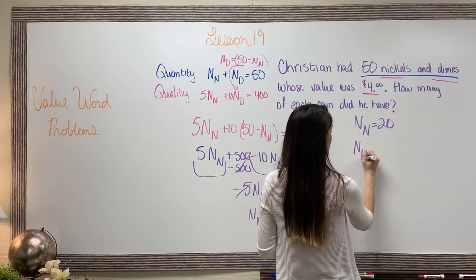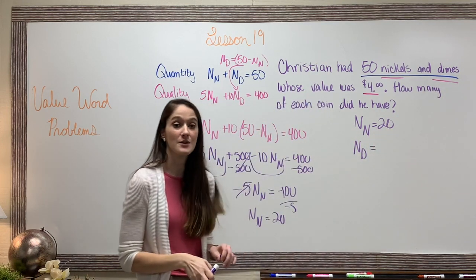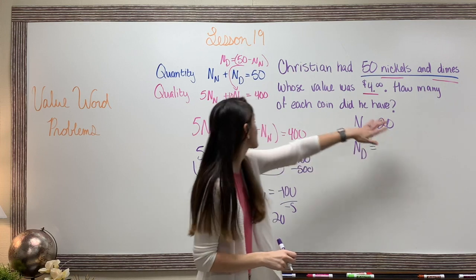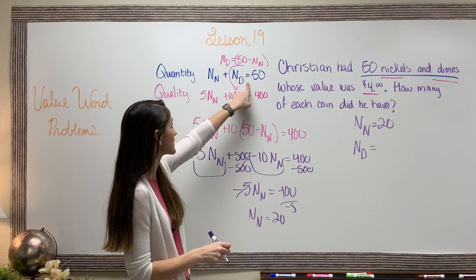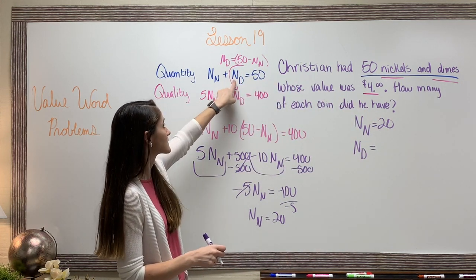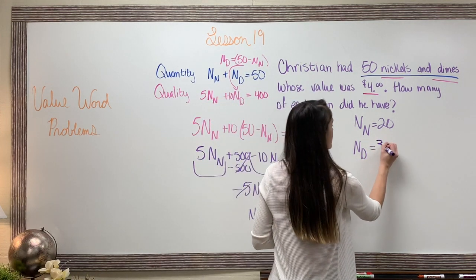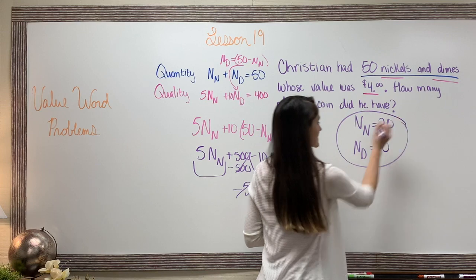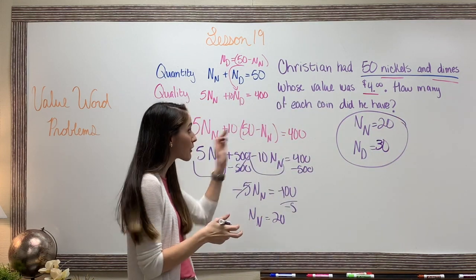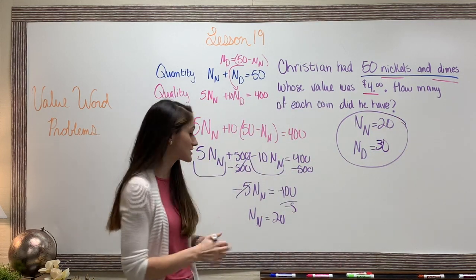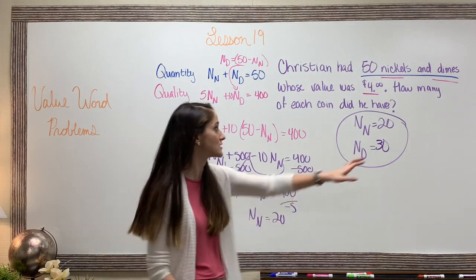But they also want us to find the number of dimes. So I'm going to take my answer for nickels, I'm going to plug it back into this original equation, and I find that the number of dimes is going to be 30 because 20 plus 30 equals 50. Okay, so this is my answer. We found both parts. It's always good to double check these types of questions.